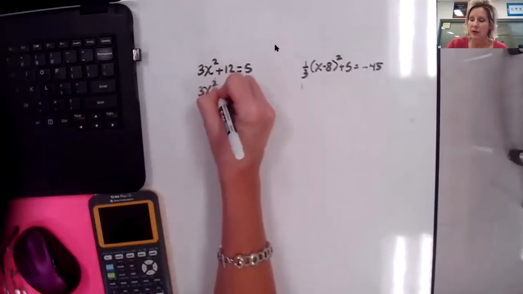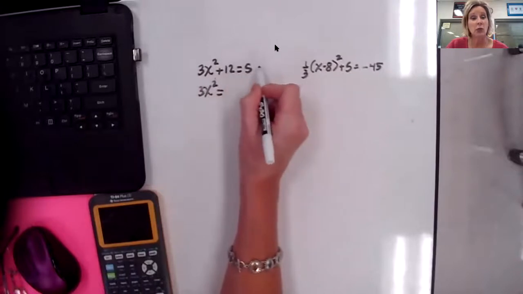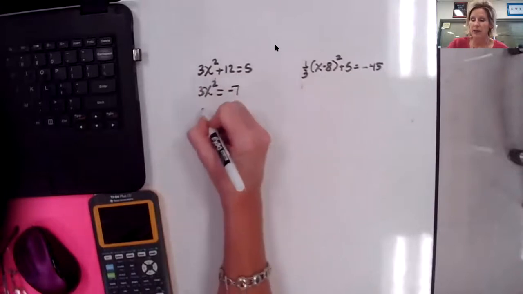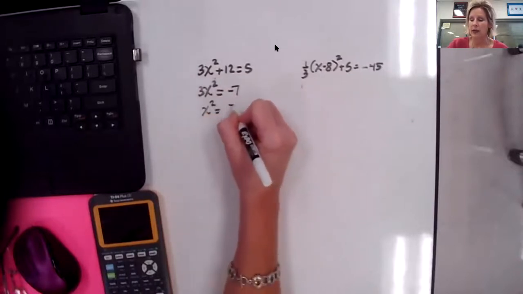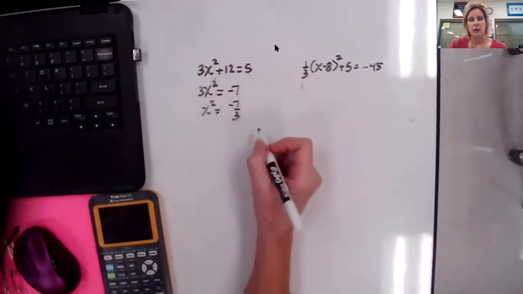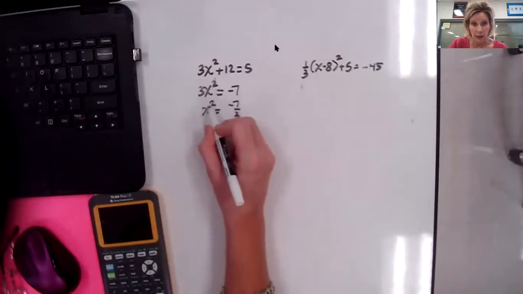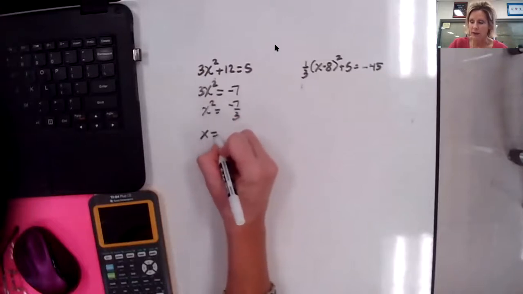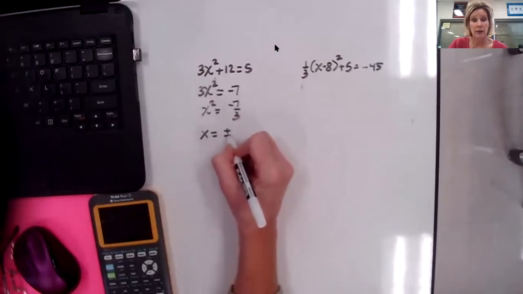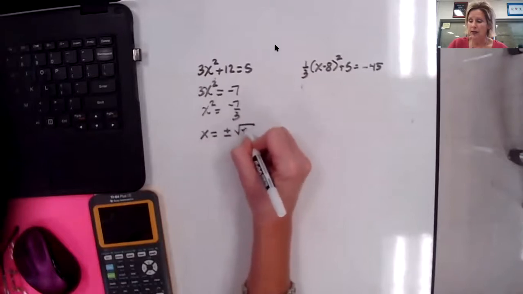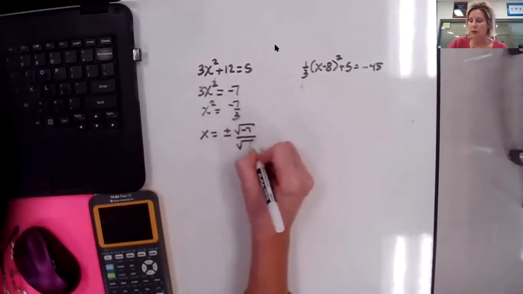I isolate 3x squared. 5 minus 12 is negative 7. Then I isolate x squared and get negative 7/3. So I want to remind you how you take the square root of a fraction. The square root of the x squared is x. That's equal to plus or minus the square root of the negative 7 over the square root of 3.